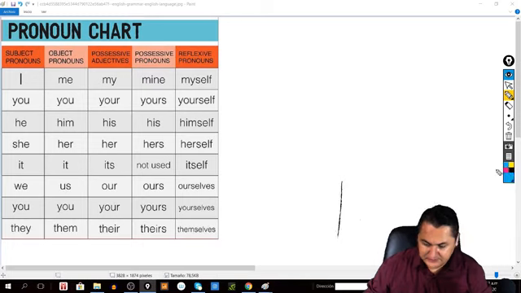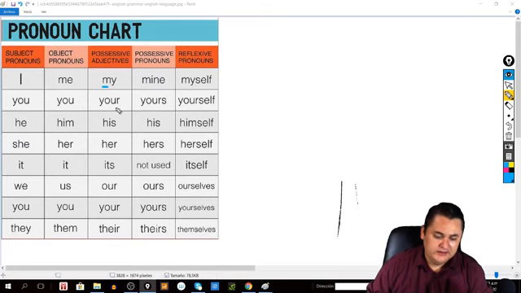The third rule has to do with possessive adjectives. The words my, your, his, her, its, our, your, and their.